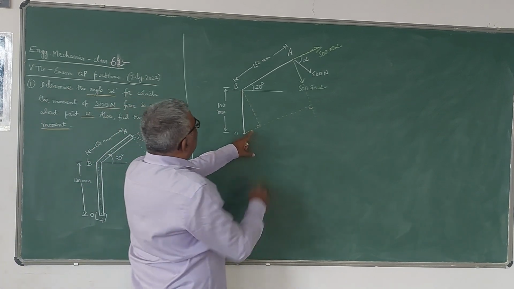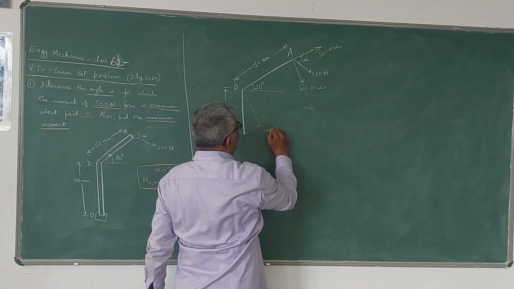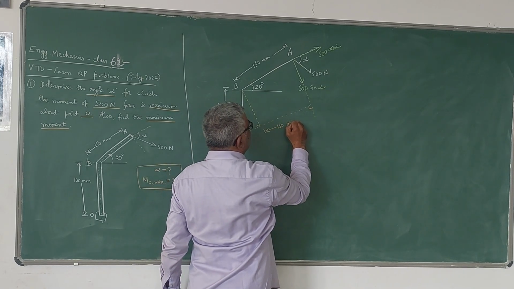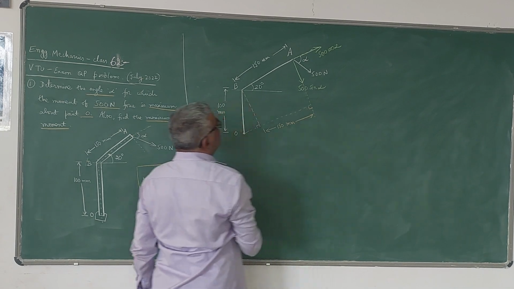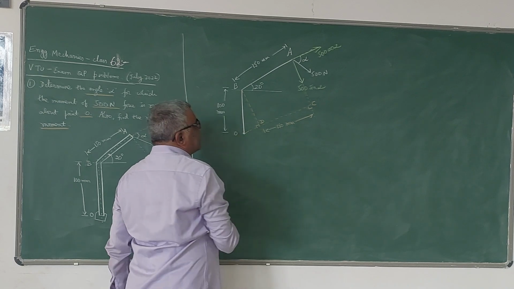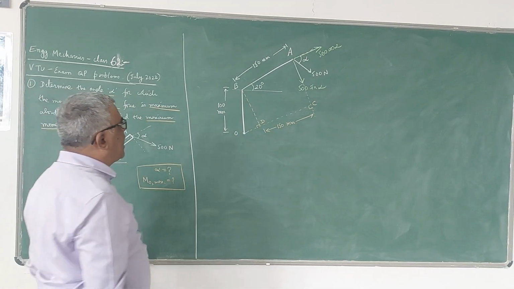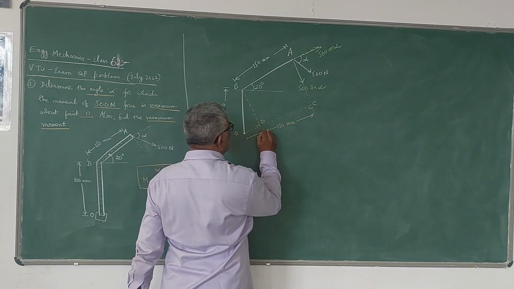Here, this distance is known now. That is, this is 150 mm. This is given. If I take this point as C, this point as D, so DC is the same as AB, which is 150 mm, and I need to calculate this distance now.